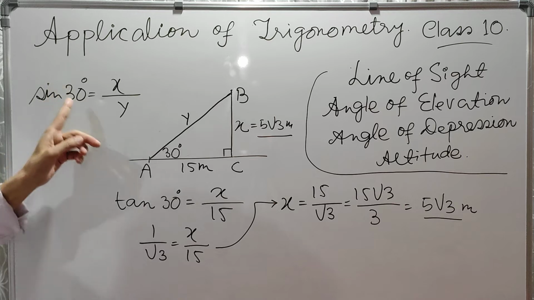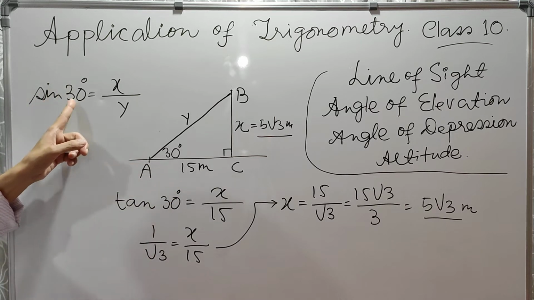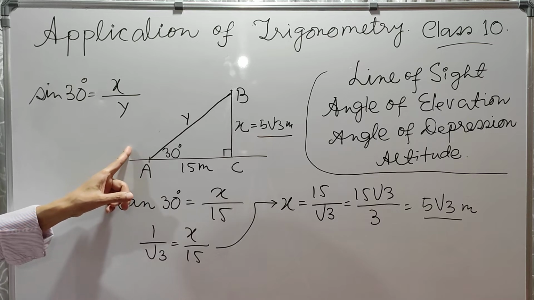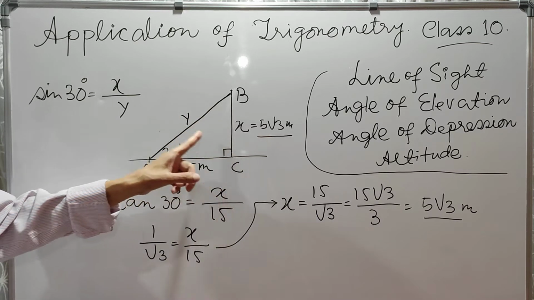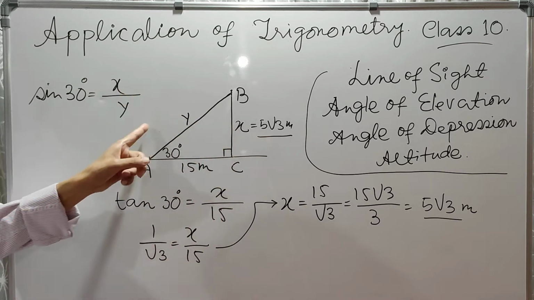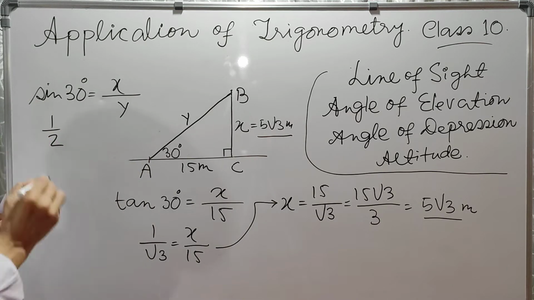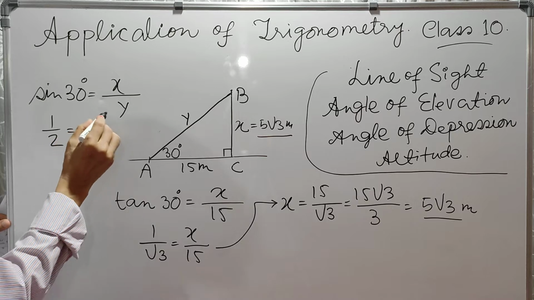So sine 30, we could have used cos also, but let us use sine. So sine 30 equal to opposite by hypotenuse, BC by AB, so X by Y. Now sine 30 is what? Half. Sine 30 is half, that is equal to X by Y.